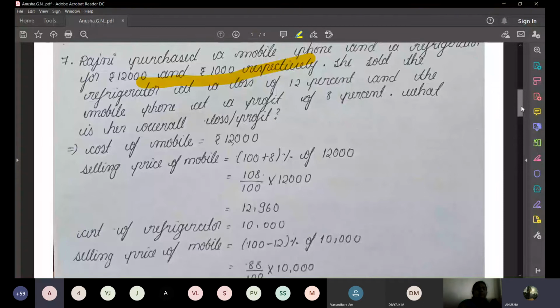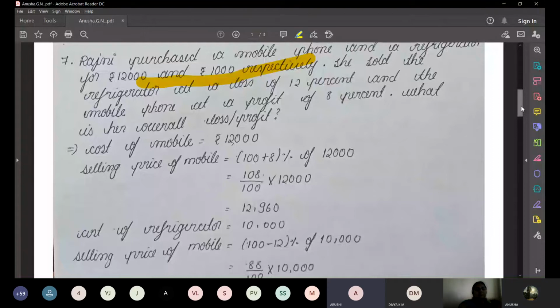Rajini purchased a mobile phone and a refrigerator for rupees 12,000 and rupees 10,000 respectively. She sold the refrigerator at a loss of 12% and the mobile phone at a profit of 8%. What is her rate of loss or profit?